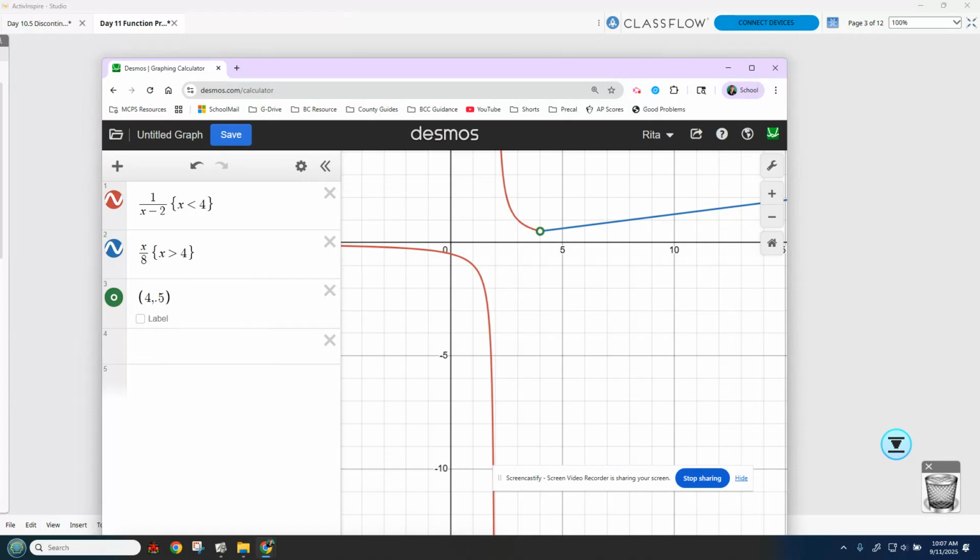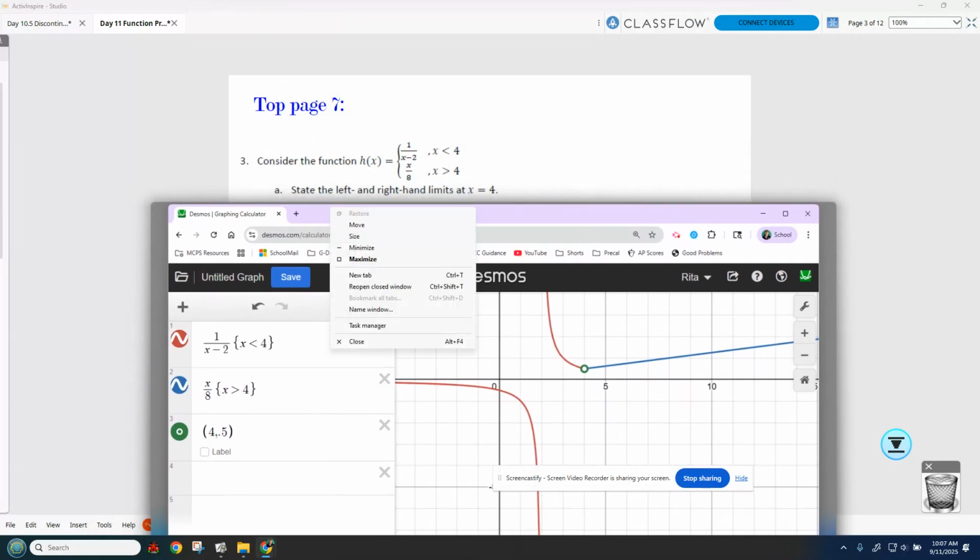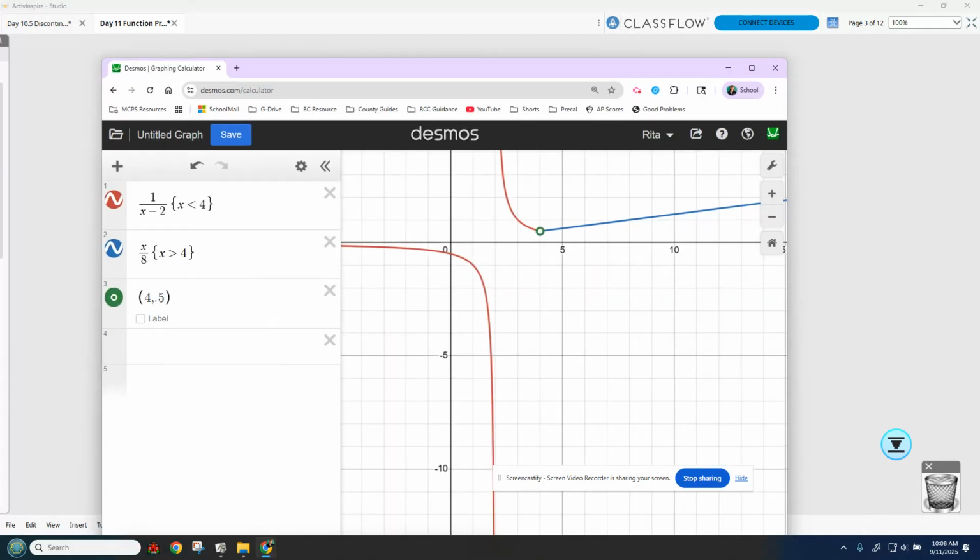I wanted to show you guys that if you want to graph just this piece of your piecewise function, you can use the curly bracket and type in exactly what you see: 1 over x minus 2, and then comma, curly bracket, x less than 4. And then it graphed the red part for me, just the red stuff.